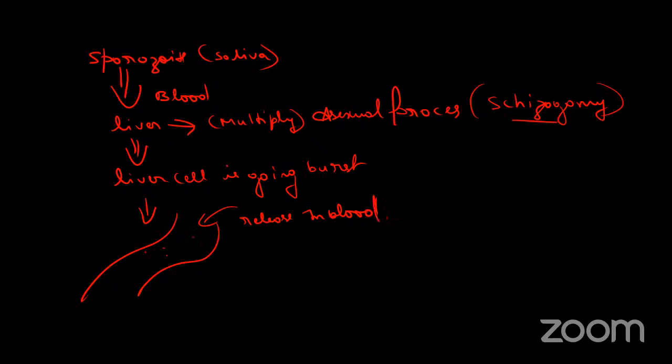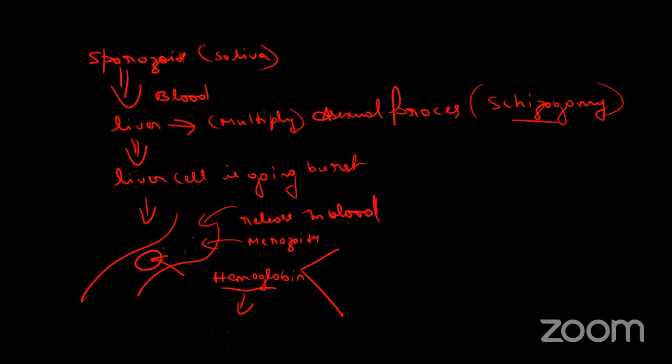So see here, in the blood it acts on hemoglobin. Which stage enters the blood here? That is called the merozoite, right?